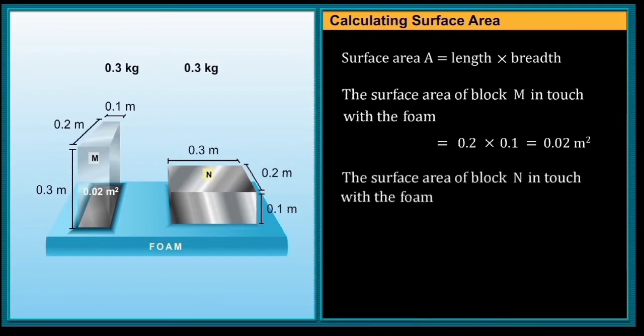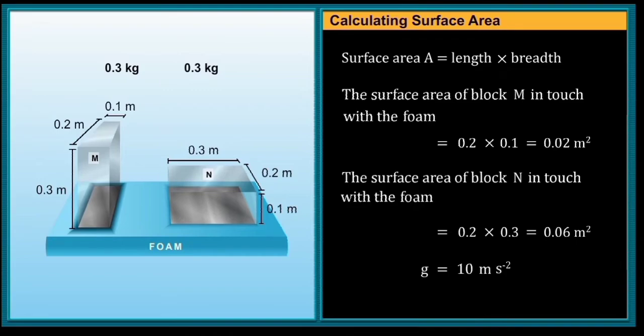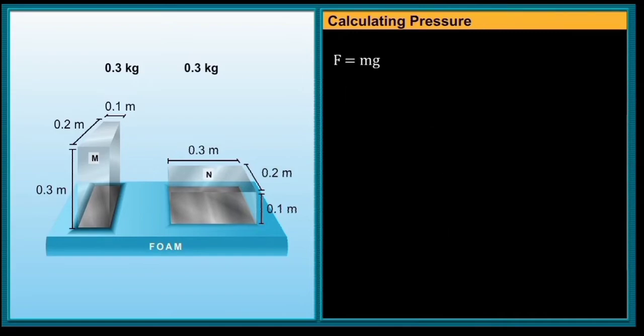On the other hand, the surface area of block N in touch with the foam is 0.06 square meters. Let's consider the value for acceleration due to gravity as 10 meters per second square. Using the formula for pressure, we can now calculate the pressure of blocks M and N on the foam.